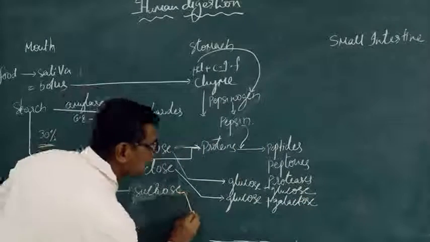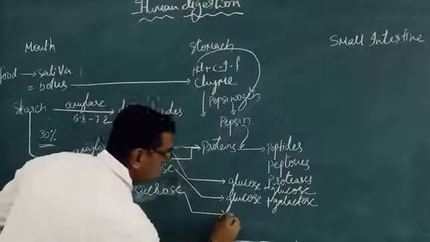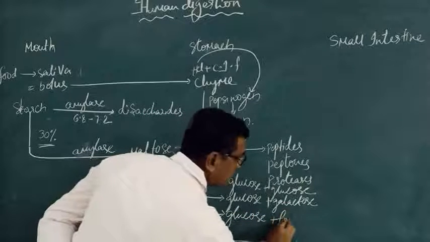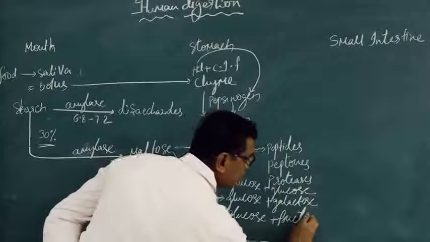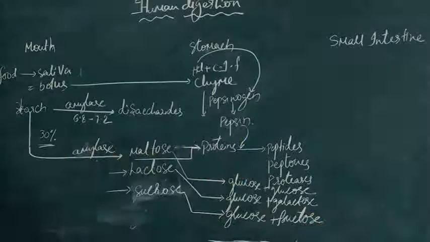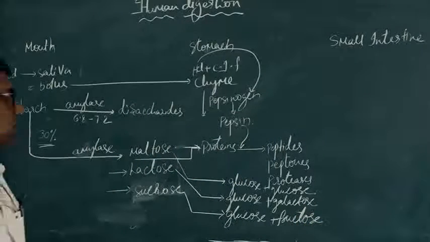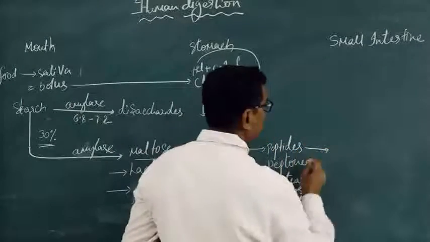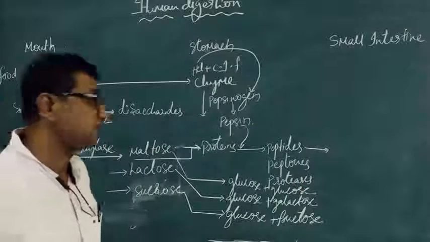The sucrose will be converted to glucose plus fructose. So these proteins now enter into the digestive tract, that is the duodenum.